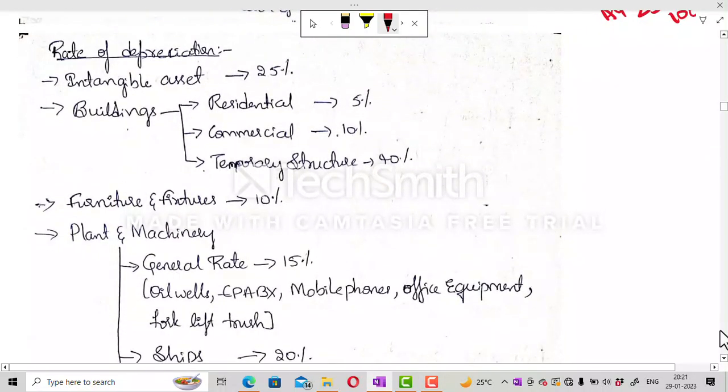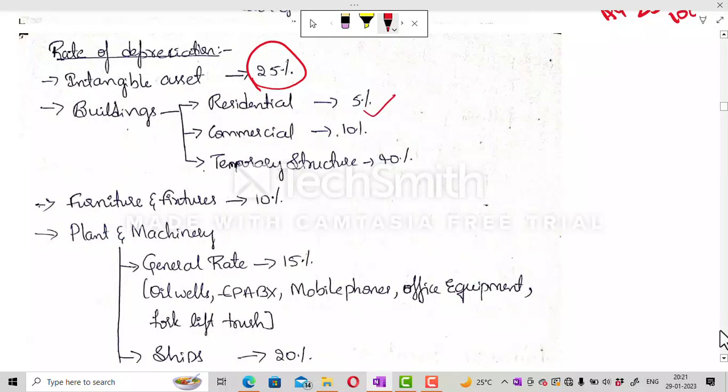It is necessary to remember the rates of depreciation. Sometimes they will give only the asset name, and we have to calculate depreciation. So for intangible assets, meaning patents, copyrights, everything, we have to calculate 25%. For buildings, if we use them for residential purposes, meaning we have given them to employees to stay, we have to take 5% depreciation.